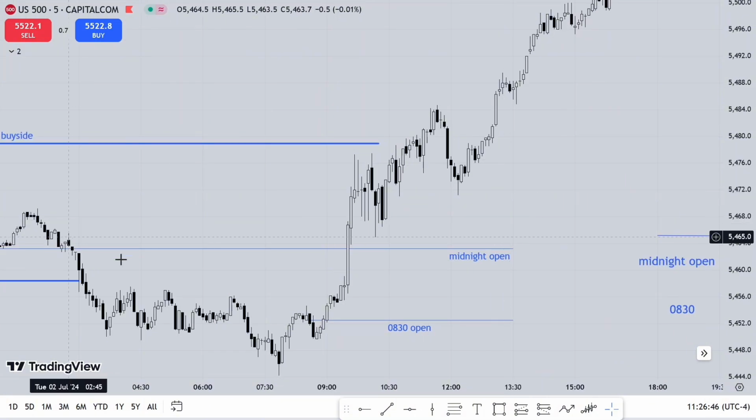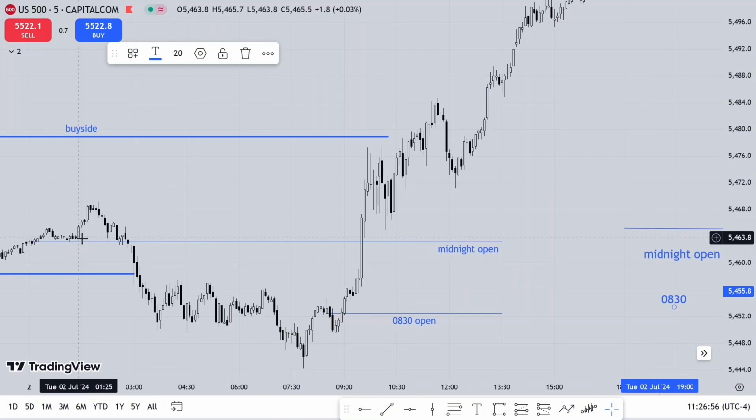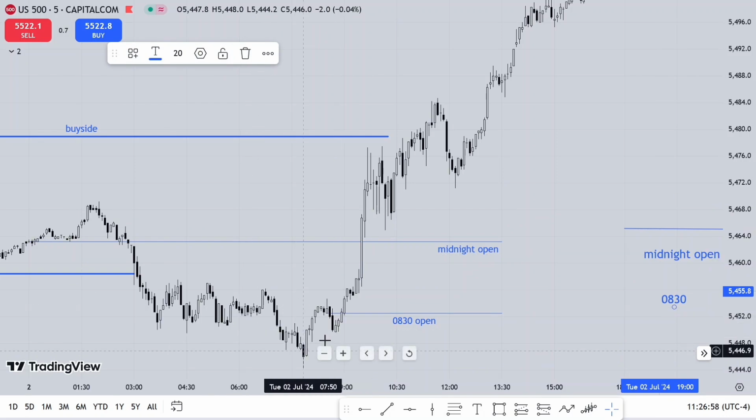Now, this is what I was talking about. You had this manipulation leg lower, which takes place below the midnight opening price, and also after the 8:30 a.m. opening price made its manipulation leg lower.